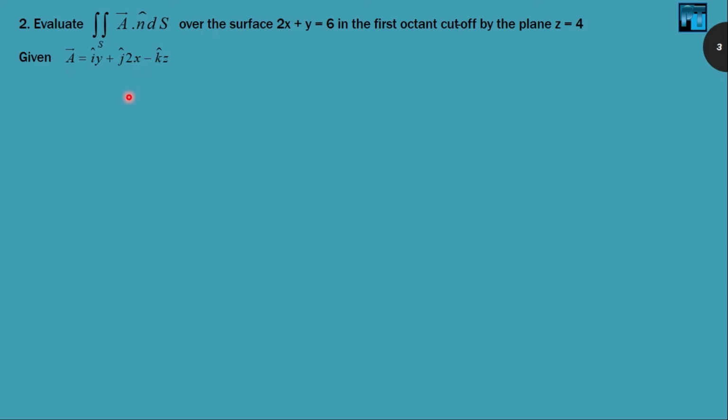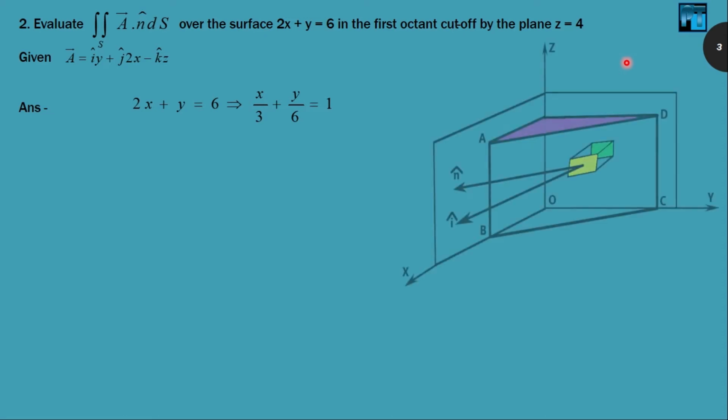So first things first, we have to imagine and also draw the surface 2x plus y equal to 6 cut off by the plane z equals to 4. So 2x plus y equal to 6 means x by 3 plus y by 6 equals to 1. So it will cut x axis at 3 unit, y axis at 6 unit and z axis at 4 unit.